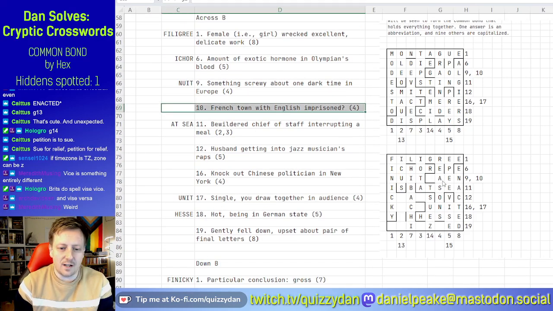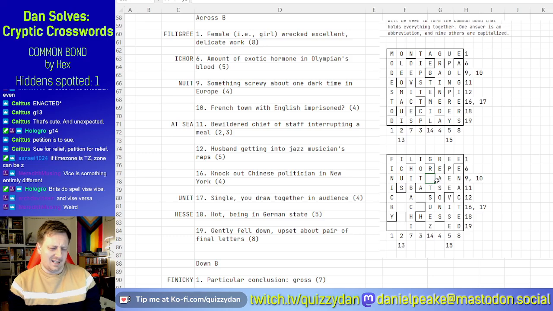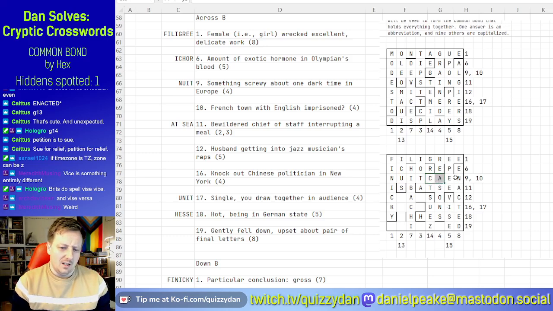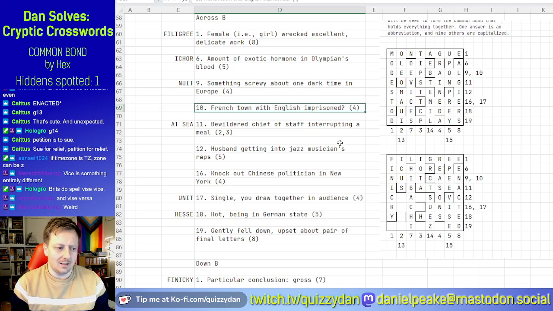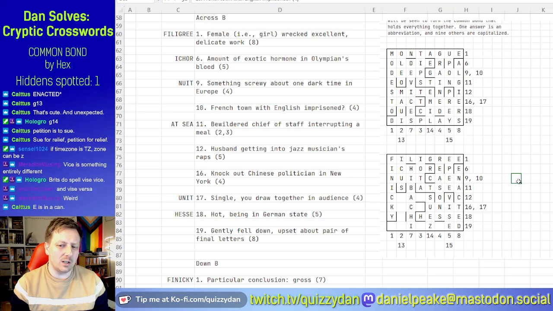So 10. French town. Car, with English imprisoned? So where does can come from? English is E. With can be can it? E is in a can.